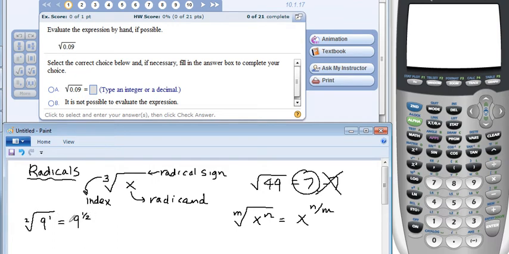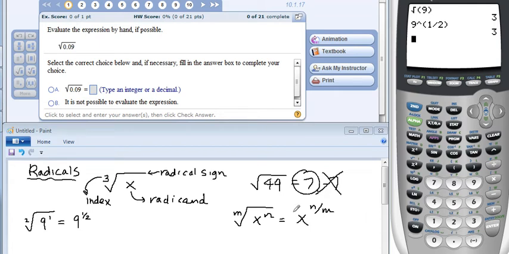So these are equivalent according to this formula here. So let's check it out. We've got the square root of 9, which is 3. Or if I raise 9 to the 1 divided by 2 power, I should get a 3. And I do. So these are equivalent statements, and we're going to need that for some of these problems here.